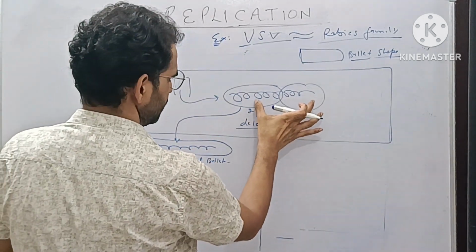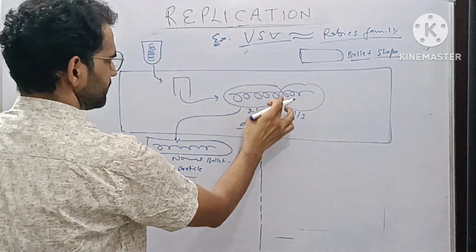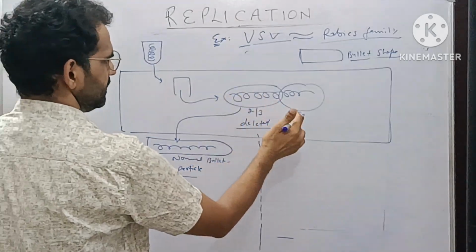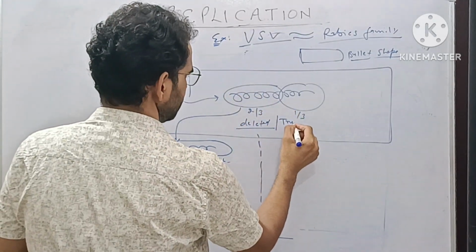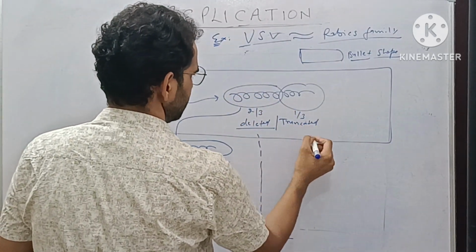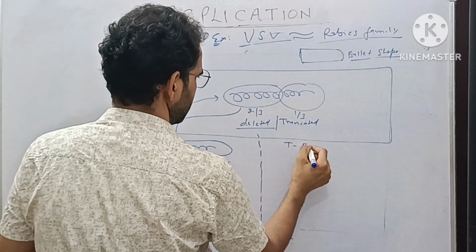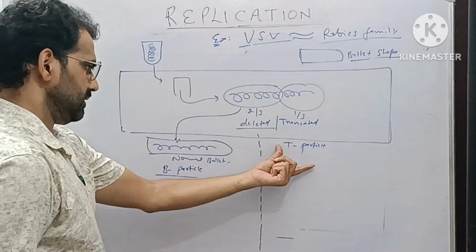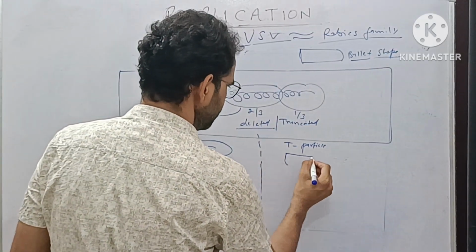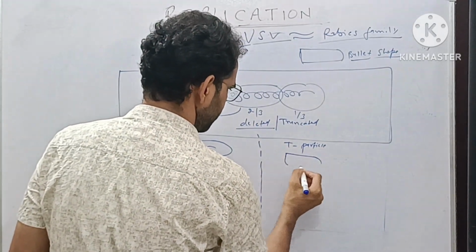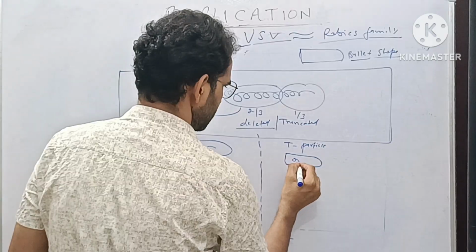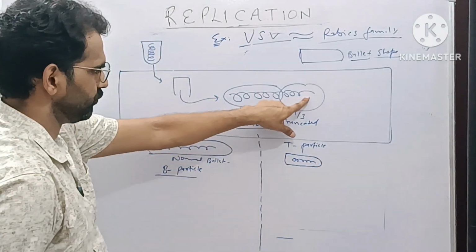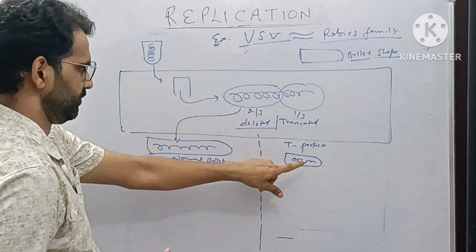And those particles where the 2/3 portion is deleted or truncated are known as T particles. In these, only this 1/3 part is present as genome.